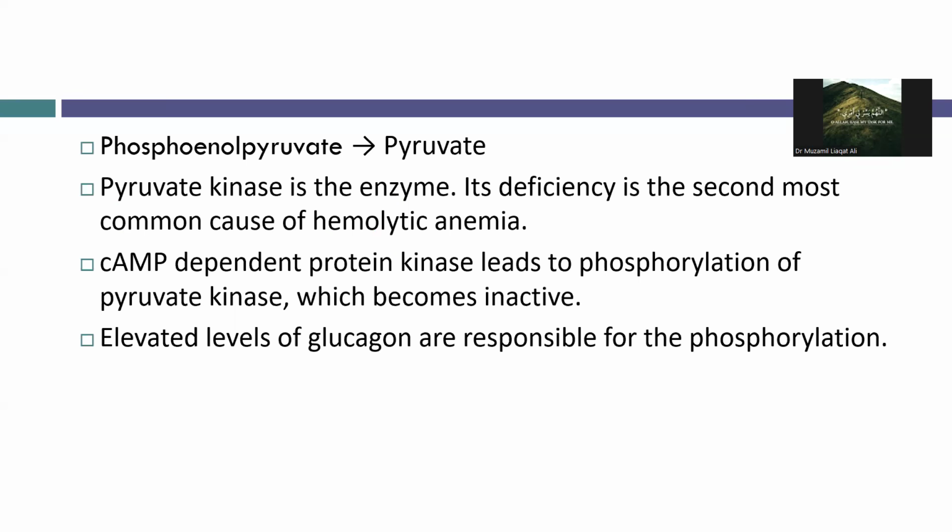So high glucagon levels that occur in the fasting state therefore inhibit glycolysis and favor gluconeogenesis, that is the formation of new glucose from non-carbohydrate sources like protein and fats. And in liver, this regulation prevents futile cycling between glycolysis and gluconeogenesis.